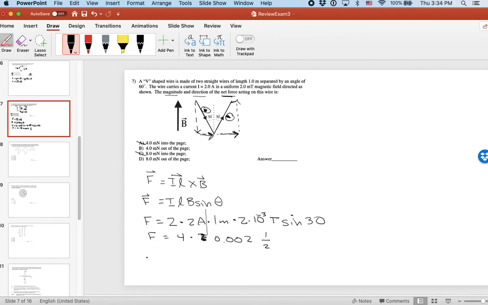So that means my force is going to be equal to, right, this 2 and this 2 cancel, but I still have the 0.001 here. So 4 newtons. And we know it's out of the page, so B is the answer.